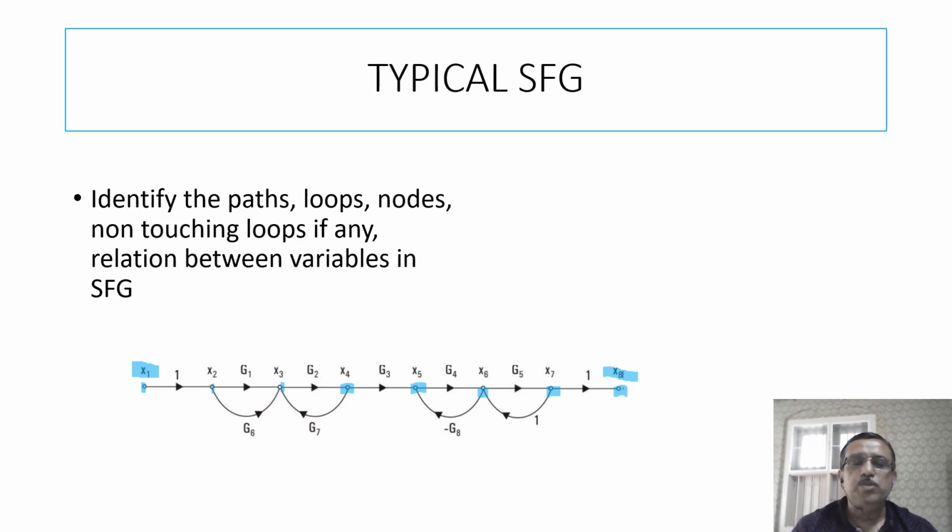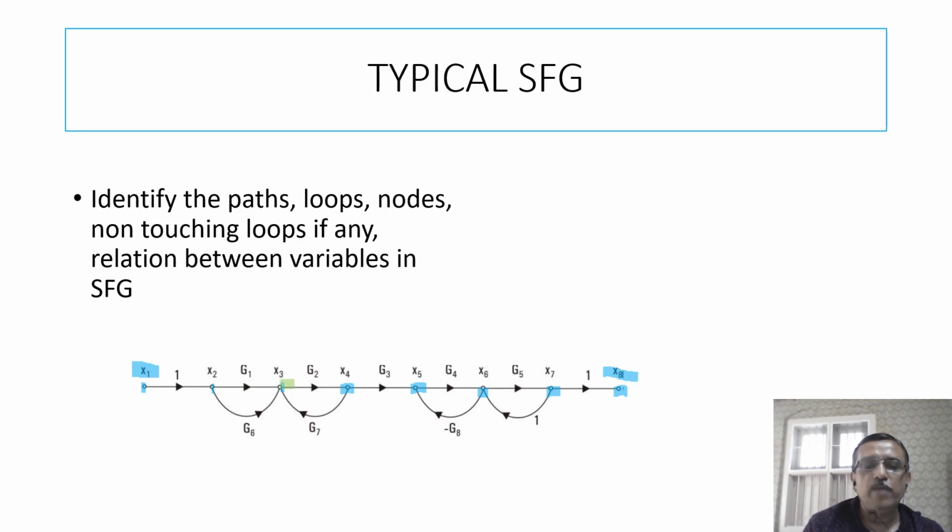What are the loops? So let us look at the definition of loop. A loop is a path which starts from a node and reaches back the same node without touching any node more than once. So let me choose a light green color.